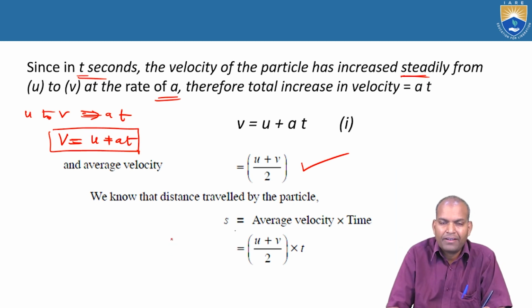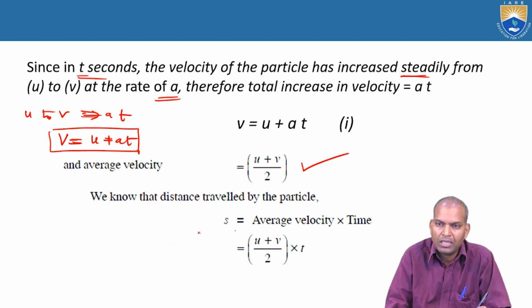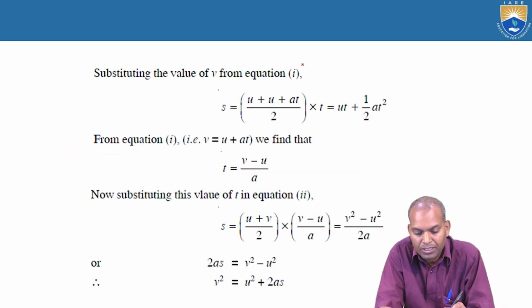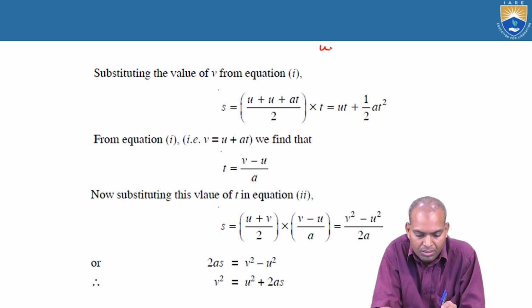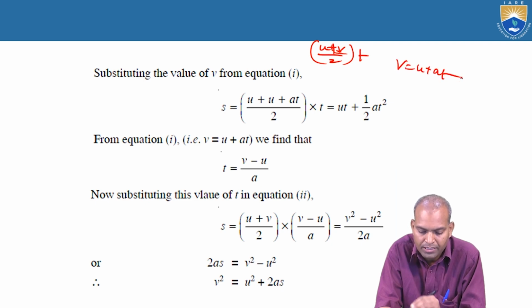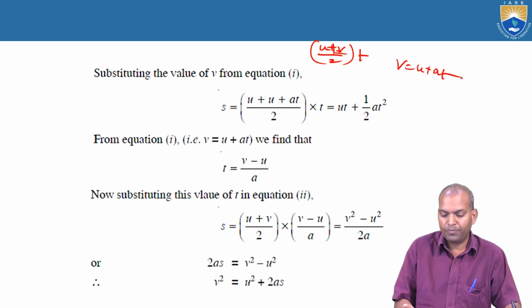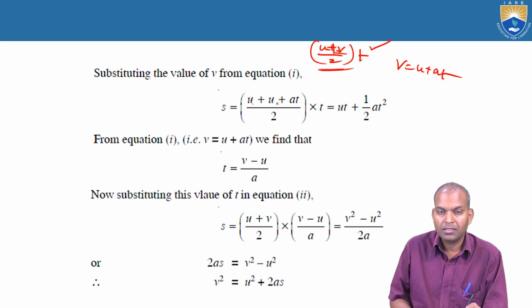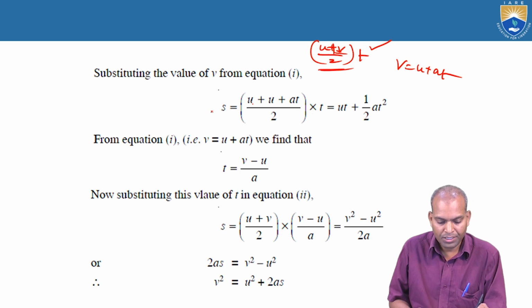Now the distance traveled by the particle, s, equals average velocity times time. So s equals (u plus v) by 2 times t. Substitute v equals u plus at into this equation: (u plus u plus at) by 2 times t.